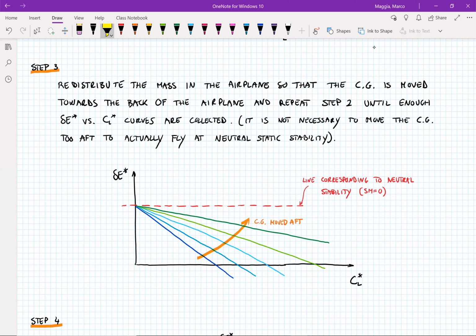And as we move the center of gravity towards the back of the airplane, we're going to increase the slope. It's becoming less and less negative until it hits 0. But as I told you earlier, we don't want to fly the airplane at neutral stability because it's dangerous. So we can still estimate the neutral point without having to fly the airplane at neutral stability. So how are we going to do that?